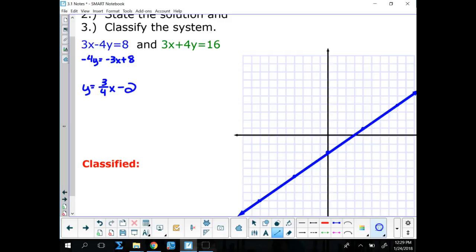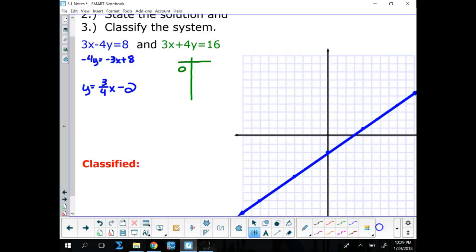Second function, green now. How do you want to graph it? Pick something different. T-chart? Yeah. Pick values of x.